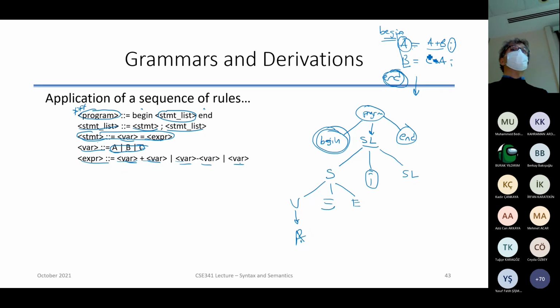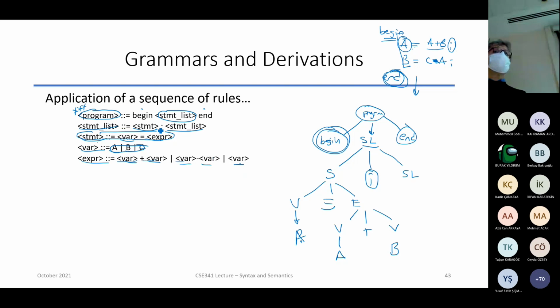You can try just a variable, and then you'll see that it's going to fail. You're going to backtrack, and then you're going to try the second one and the third one and so forth. So in this case, this could be variable plus variable, and this variable is going to be A, and this variable is going to be B. And then you can continue.